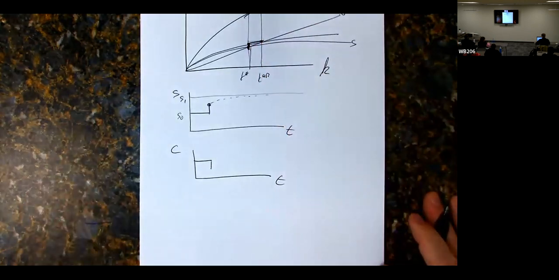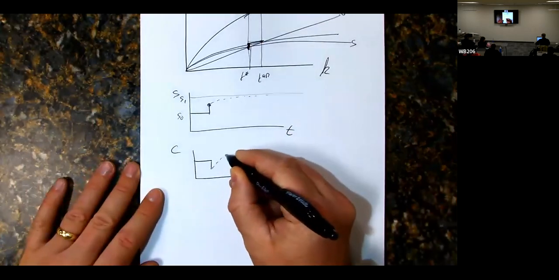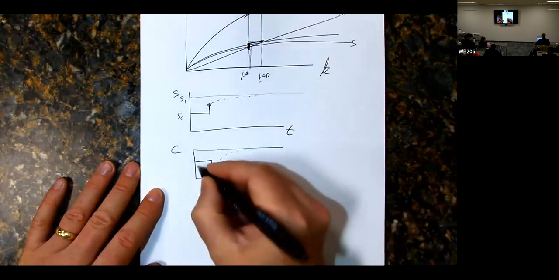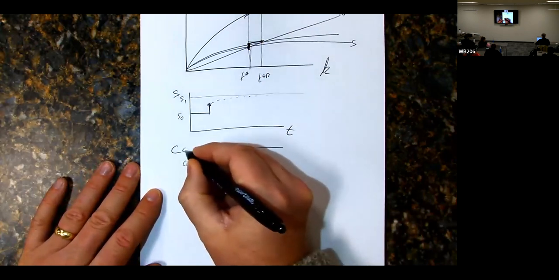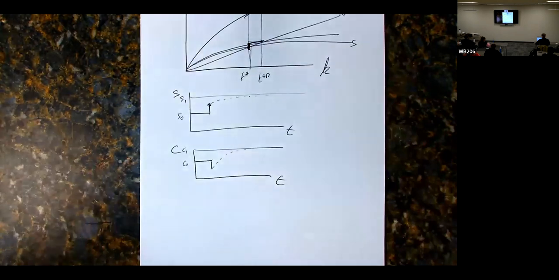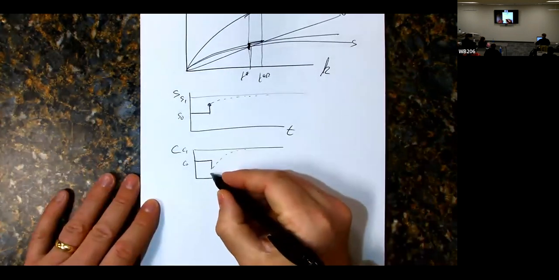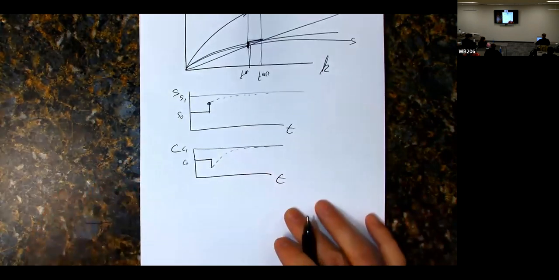And where do we land in the end? Consumption goes up, and eventually it asymptotically maxes out higher than it was before. That's why we're moving to a golden rule steady state, to increase consumption. That's what we're trying to do here, right? So it has a negative effect initially, but then it bounces up.